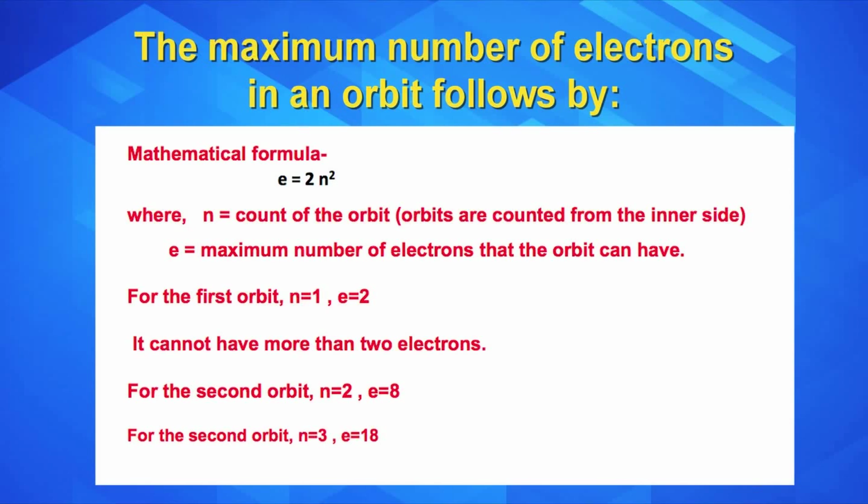This means that for the first orbit, n equals 1, so E, the maximum number of electrons in that orbit, will be 2. So it cannot have more than 2 electrons. Similarly, the second orbit can have a maximum of 8 electrons. The third one can have 18 electrons, and so on.